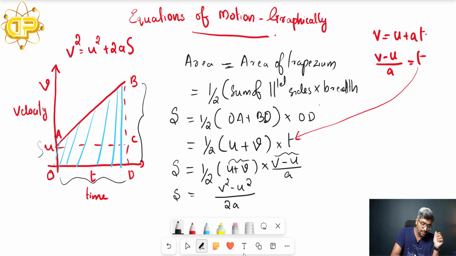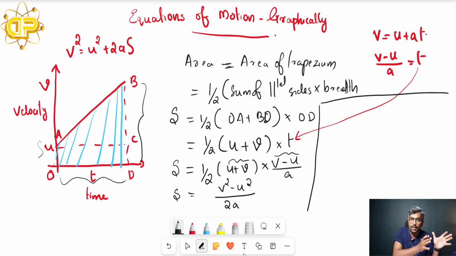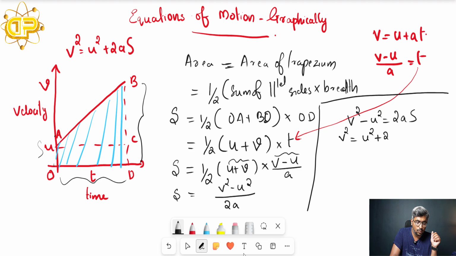Here comes the equation. So the equation is over. So here you are just substituting, rearranging the values, and you are getting V square minus U square is equal to 2AS. From there, V square is equal to U square plus 2AS. This is nothing but the third equation of motion.